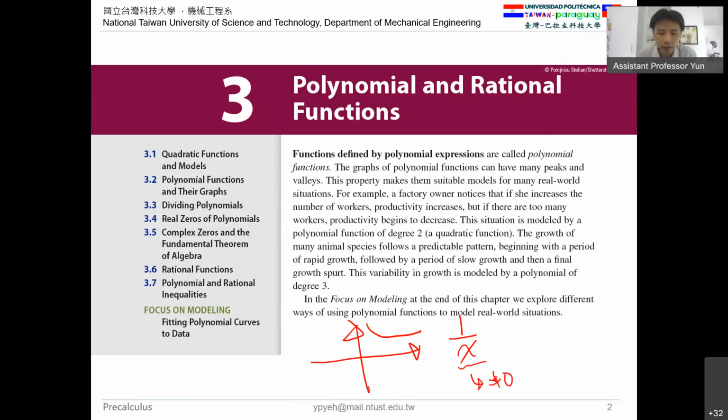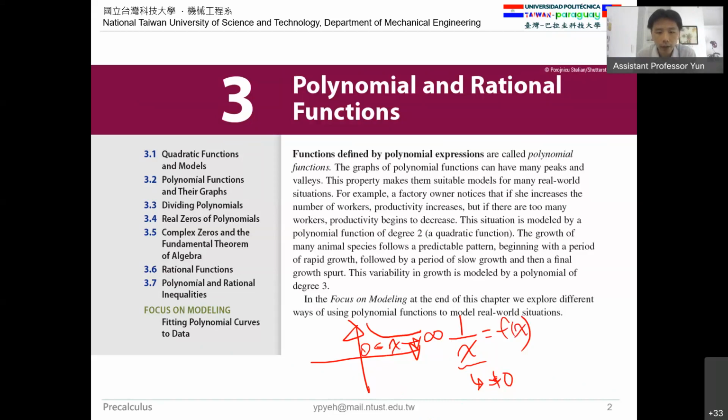So in this case, you can see the graph will have certain properties when x approaches infinity or approaches 0. It depends on how you define the function f of x, right?